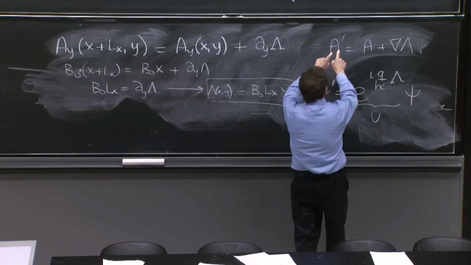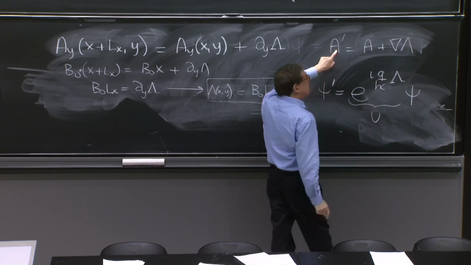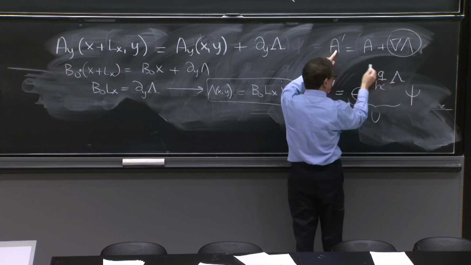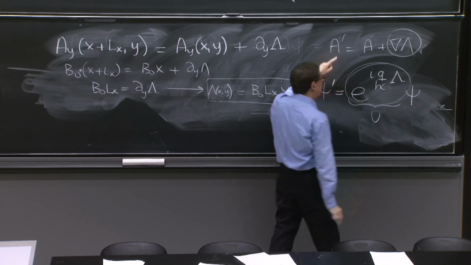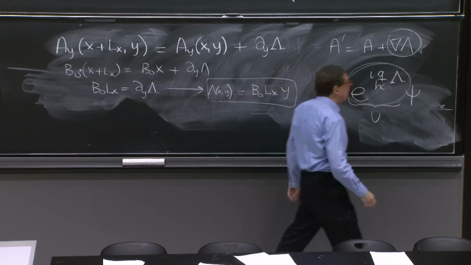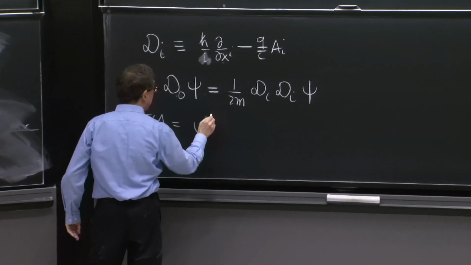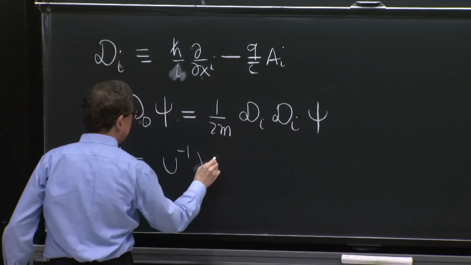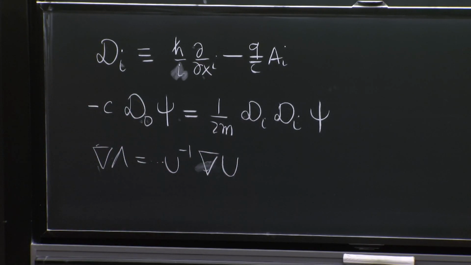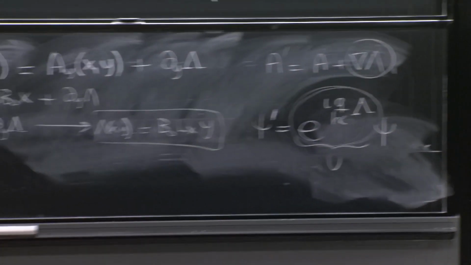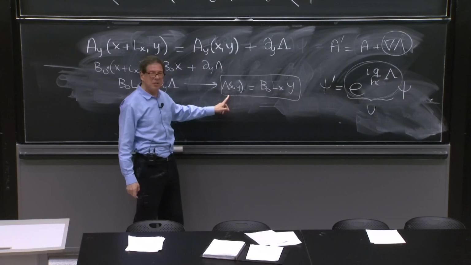And even though we write A prime as A plus d lambda, this term can be written in terms of U. U is the master quantity that has all the information. In fact, d lambda is roughly U to the minus 1 times the gradient of U, up to a series of factors. So everything depends on U. So we don't have to worry too much if lambda is not well defined on the torus.